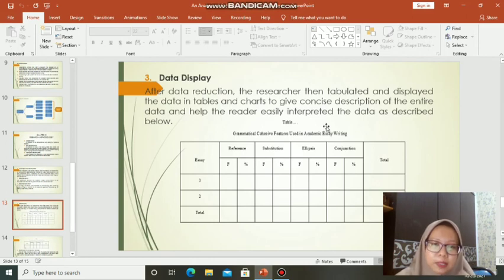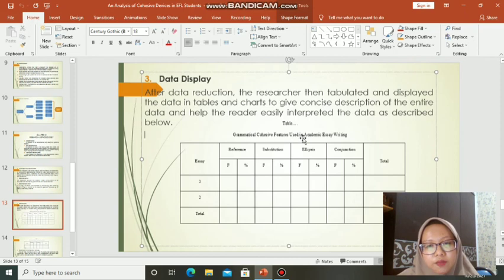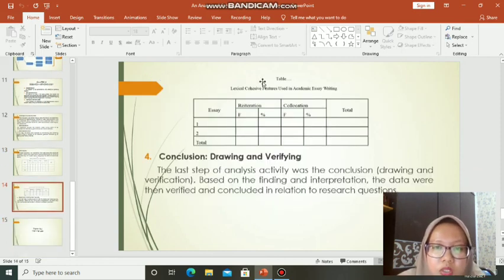So this is the example table of grammatical cohesive features in academic essay writing: the number of essays 1, 2, and then the total, reference, substitution, ellipsis, conjunction, the frequency, and the percentage. And it is also for lexical cohesion, the total, and then reiteration and collocation, frequency, percentage.